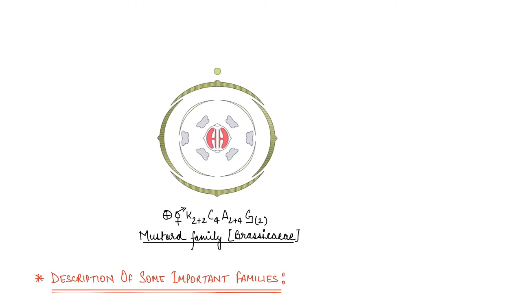So 4 plus 2. And then there are 2 gynoecium, and remember that this symbol is for the ovary being superior. So the ovary is superior here, right? So this is an example.